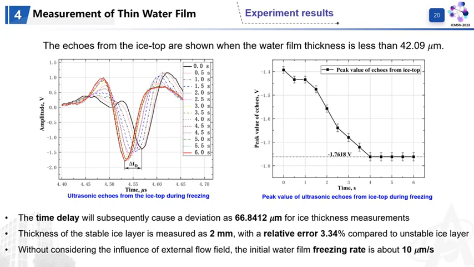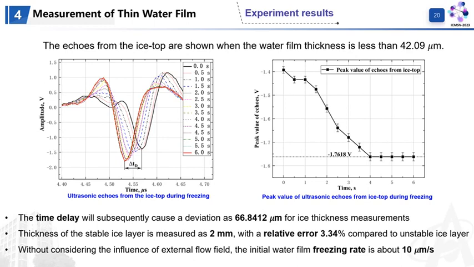After the transition layer is frozen for 4 seconds, the peak value of the echo from the upper surface tends to be stable. The time delay during the freezing will subsequently cause a deviation of about 67 micrometers in ice thickness measurement.